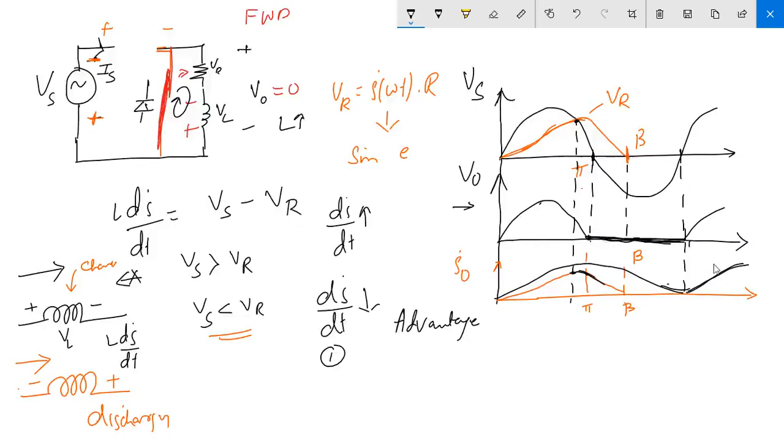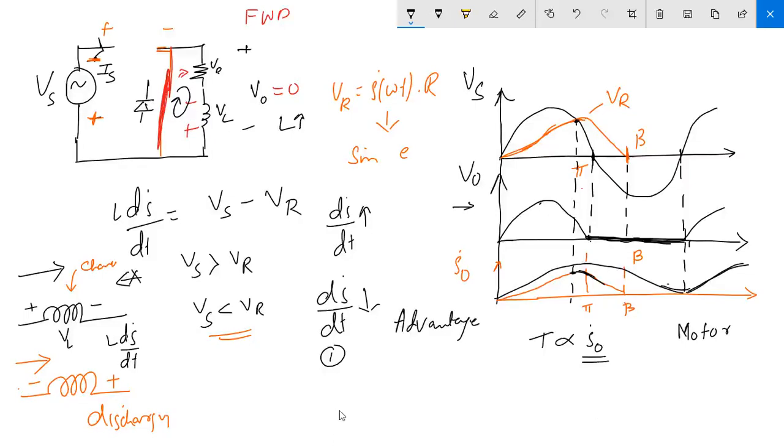Now you will ask, sir, why do we require a continuous load current? You want a continuous load current because your torque is completely dependent on I naught. This RL load is nothing but your motor load. A motor has a torque, and torque is directly proportional to the load current. If you want a continuous torque, you want a continuous current.